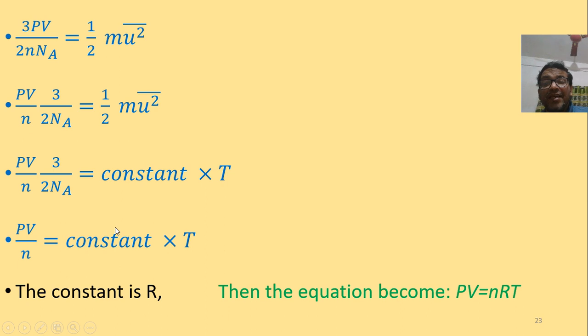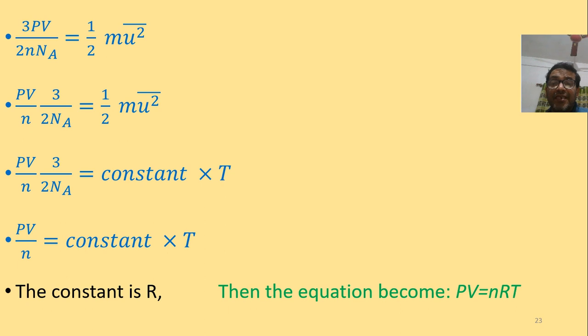R is the gas constant, and its value is constant, that is 8.31. So here we are getting the ideal gas equation, where the relations of the gases are given.